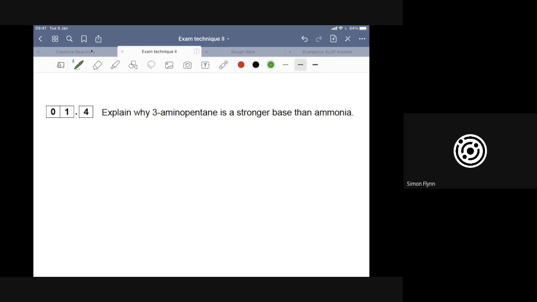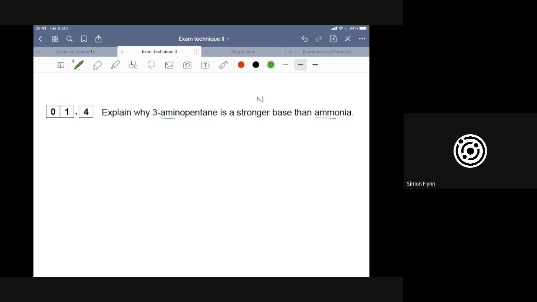Now, you're having to compare in this example 3-aminopentane and ammonia, and there's no getting around that. You've still got to have the knowledge, right? You've got to recognize what we mean by base. So you've got to think of a proton acceptor, and in both of these examples, we're talking about something with nitrogen.